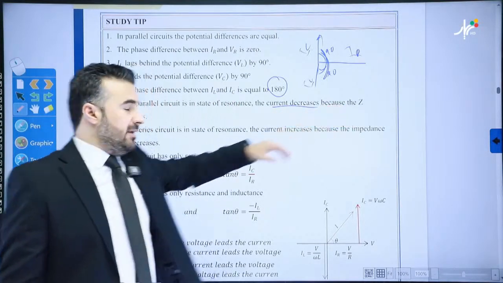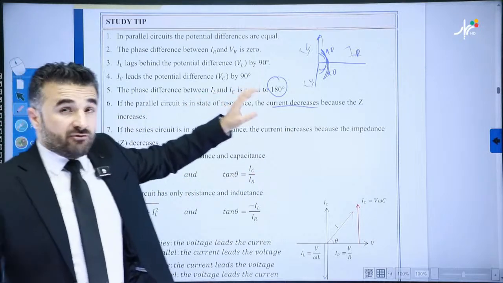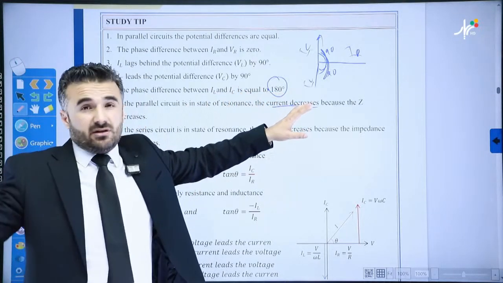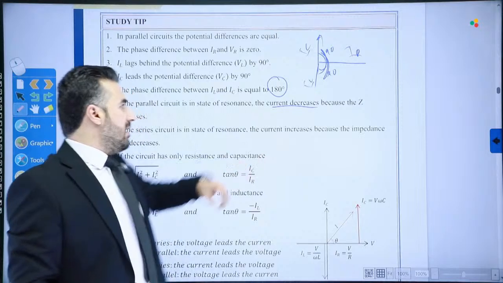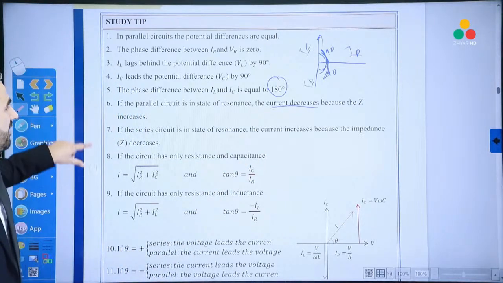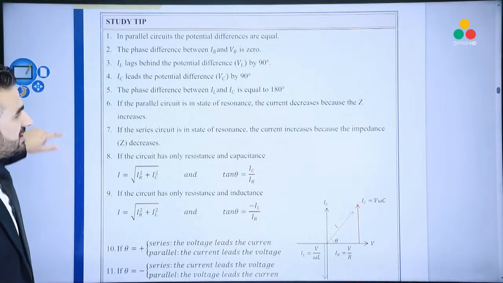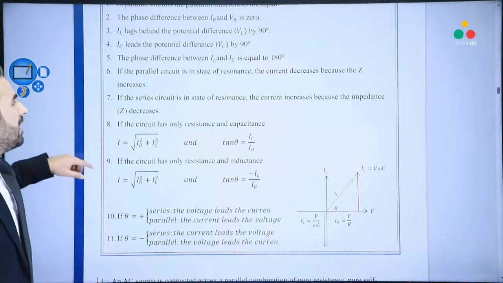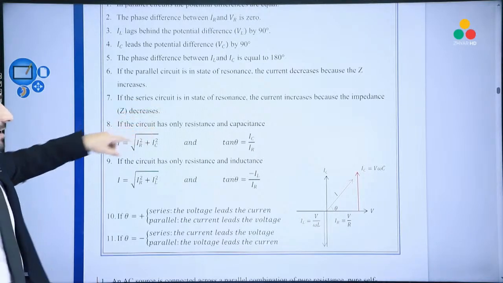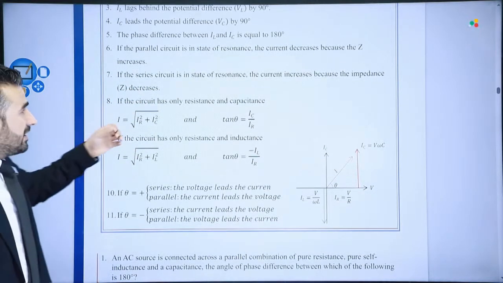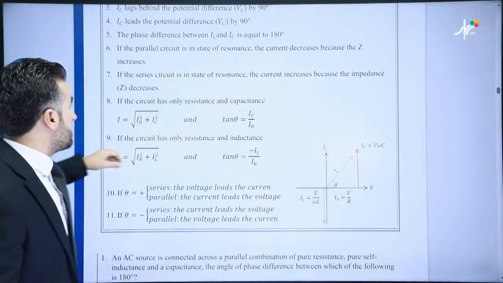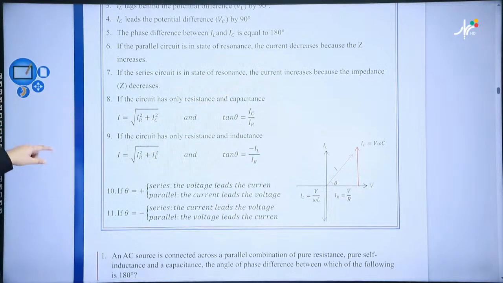Because the impedance will be maximum. But that is only true for parallel, because the series circuit, which we're going to study later, is opposite to this one. If a series circuit is in a state of resonance, the current increases because the impedance, or Z, decreases.